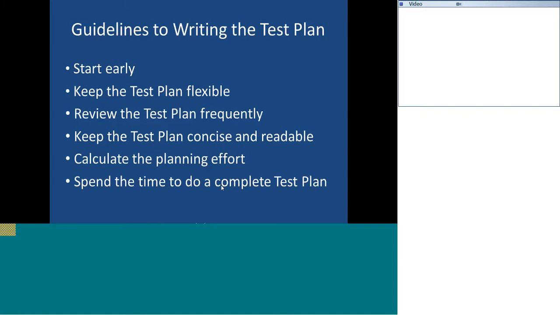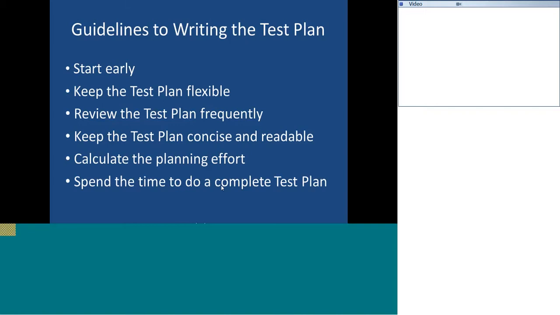And the next one is calculate the planning effort. So this one is important. When you are charging hours or when you are billing for your particular testing effort, test planning effort will also be part of that testing effort.